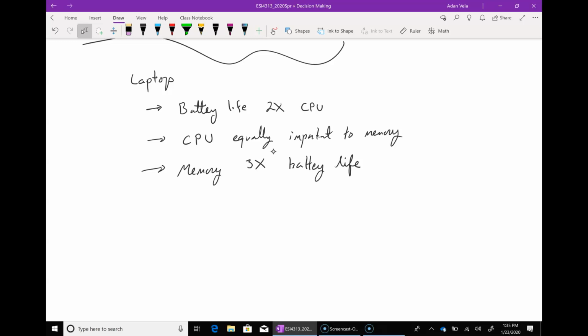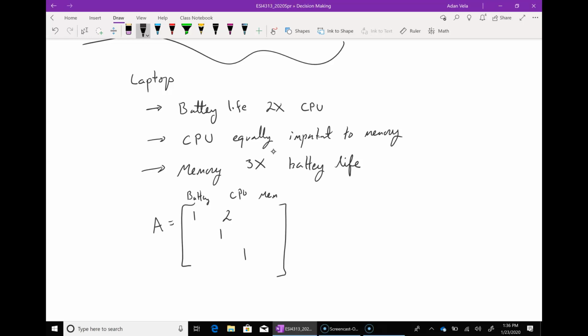With that, we end up with an A matrix that looks like the following. We have 1, 1, 1 across the diagonal. Let's assume the factors go in the order battery, CPU, memory. Battery life is twice as important as CPU, so we're going to see a 2 there.